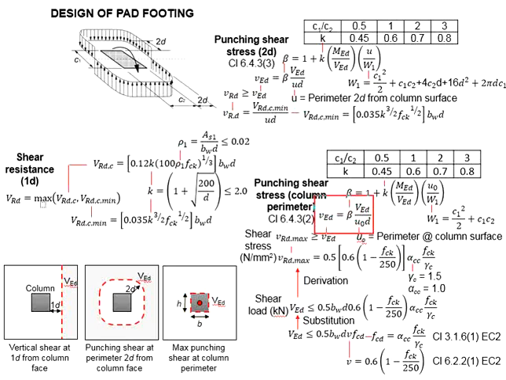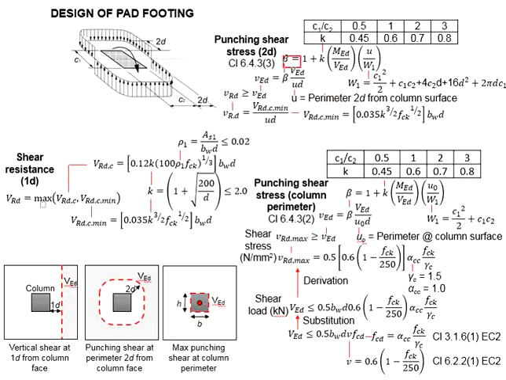The equations used for the punching shear at the column perimeter seem to be the same as the punching shear at 2d perimeter, except that the shear load that you use for the 2d and the shear load that you use at the column perimeter are different.